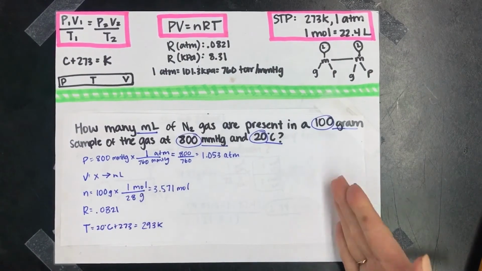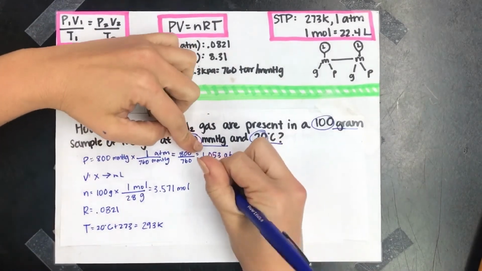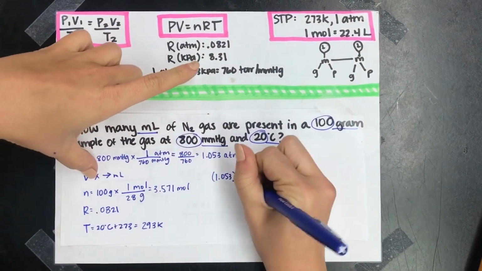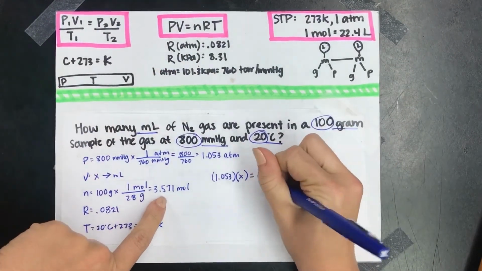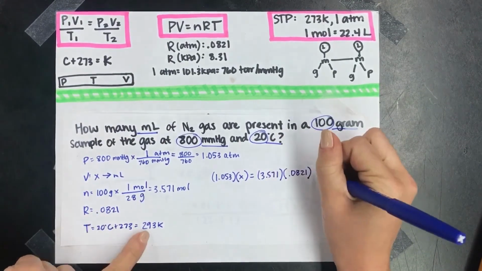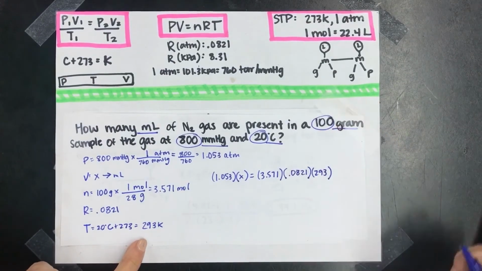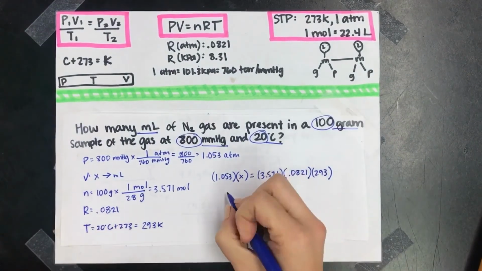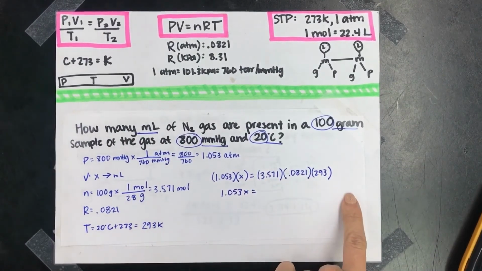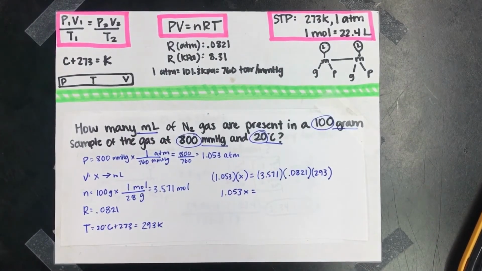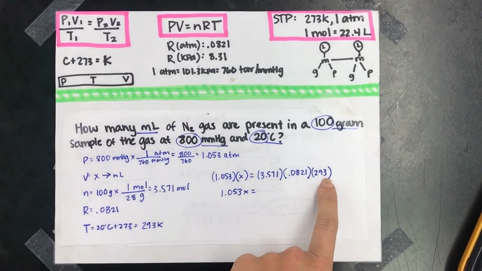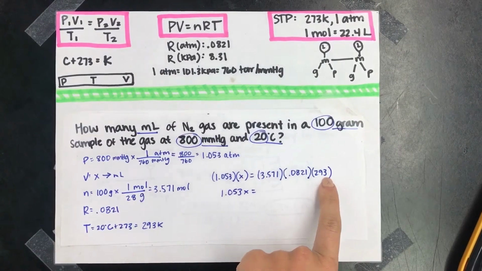Now let's plug into the equation. Pressure times volume, we don't know that, equals n R T. Okay, so we reduce this side. This becomes 1 x. Multiply all of these. We get 3.571 times 0.0821 times 293.